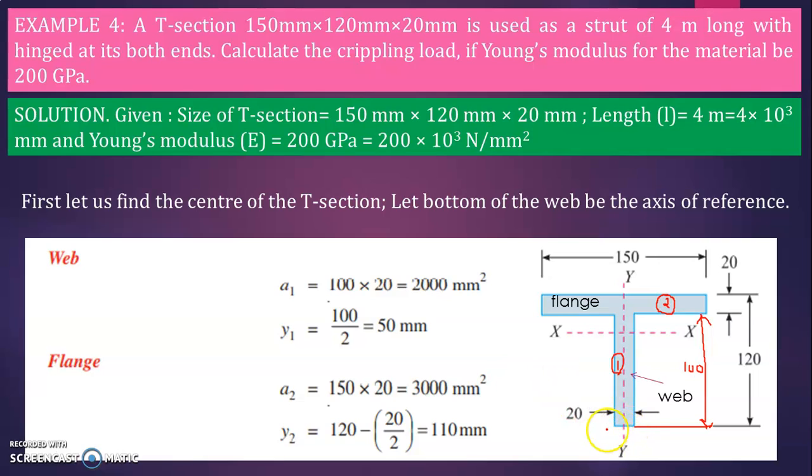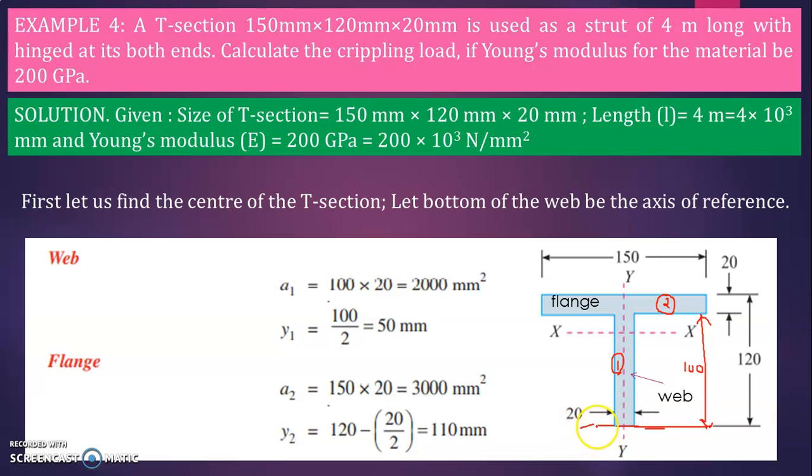Now what is y1? y1 is the distance from the centroid to the neutral axis. Where is the neutral axis? We don't know, so let us assume the neutral axis is at the bottom. This is just one assumption to calculate the actual position of the neutral axis.